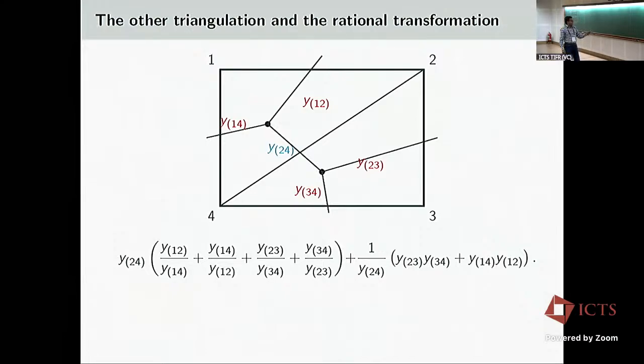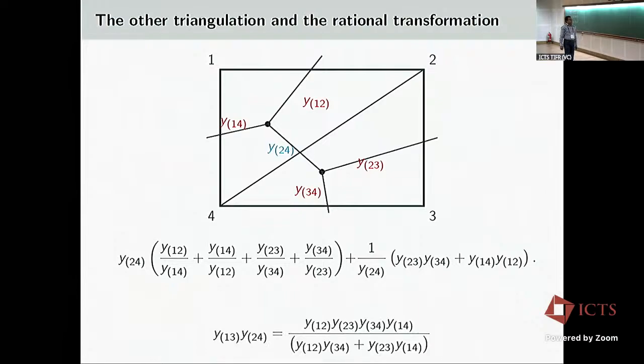Then they write down a rational change of coordinates. Again this looks like the Plucker relation, because it looks like one monomial as a sum of two monomials.